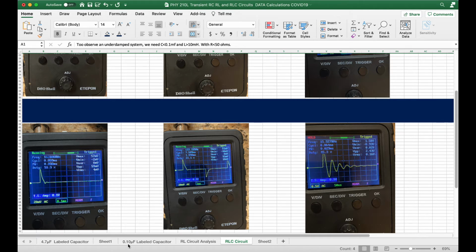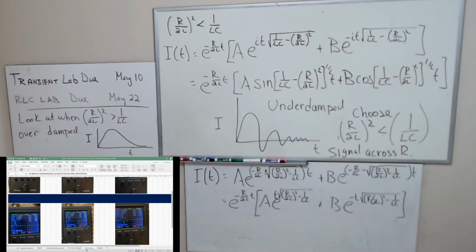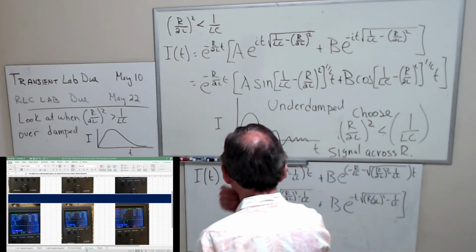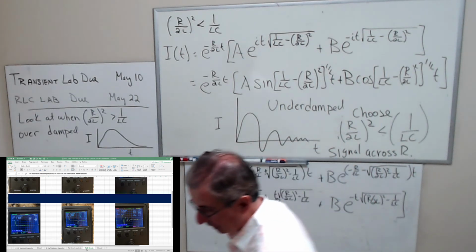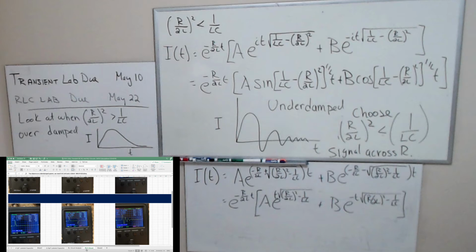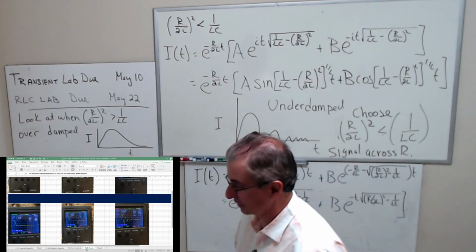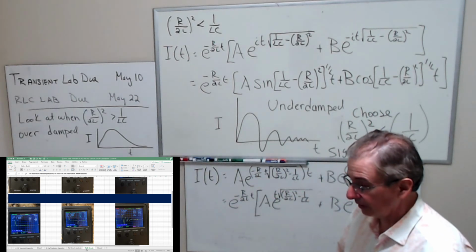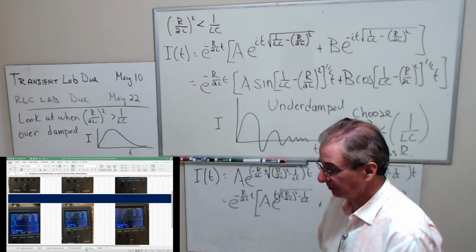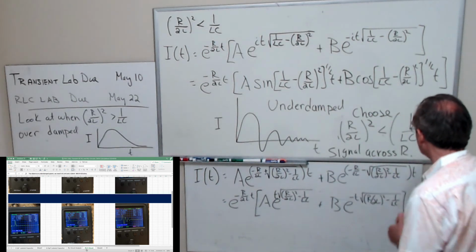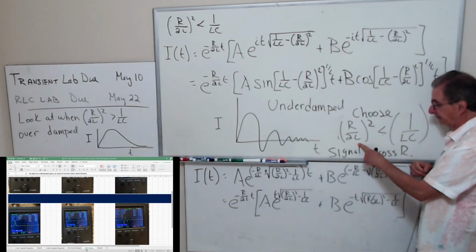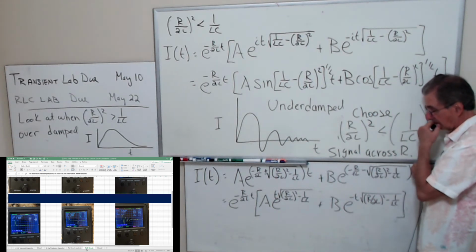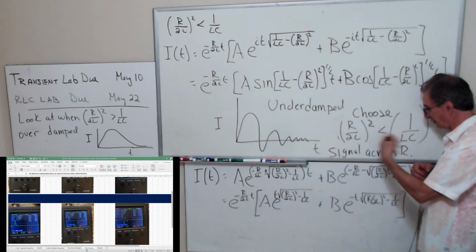But the thing is, do you want like 5 clean oscillations that are visible on the scope or something like that? That one has a lot. If you can get 5, that'd be great. If you get 2 or 3, that's fine. It doesn't have to be 5. The number of oscillations you see is going to depend on this, but also on how many values of R, L, and C you have.